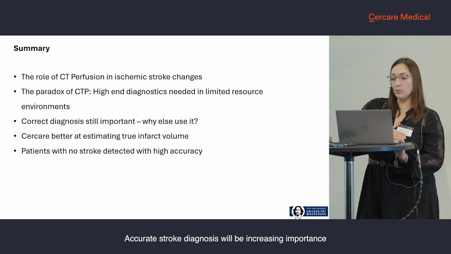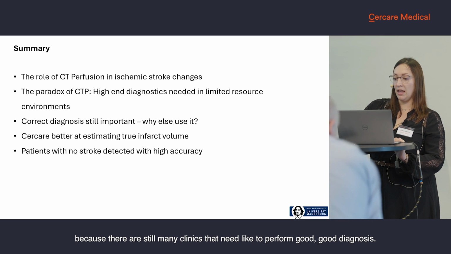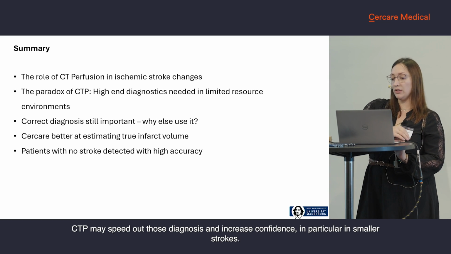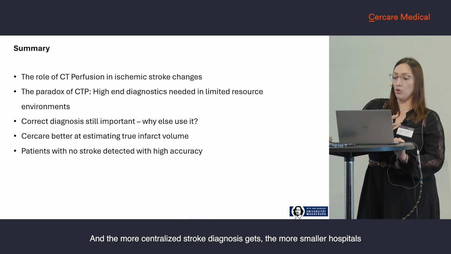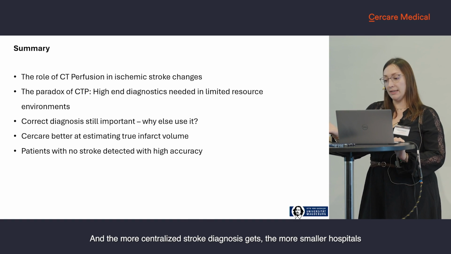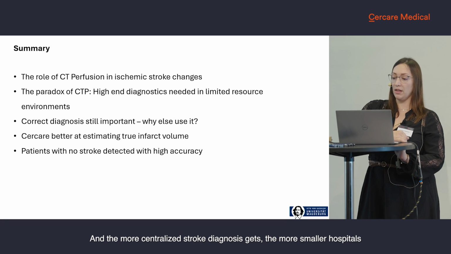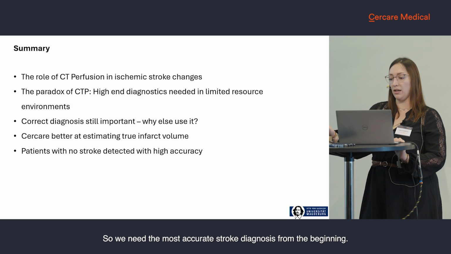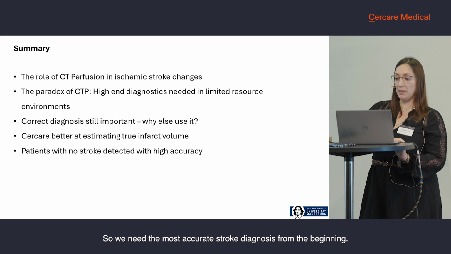Accurate stroke diagnosis will be increasingly important because there are still many clinics that need to perform good diagnosis. CTP may speed up those diagnoses and increase confidence, in particular in smaller strokes. And the more centralized stroke diagnosis gets, the more smaller hospitals that don't have much experience in stroke diagnosis will transfer patients to larger hospitals. So we need the most accurate stroke diagnosis from the beginning.